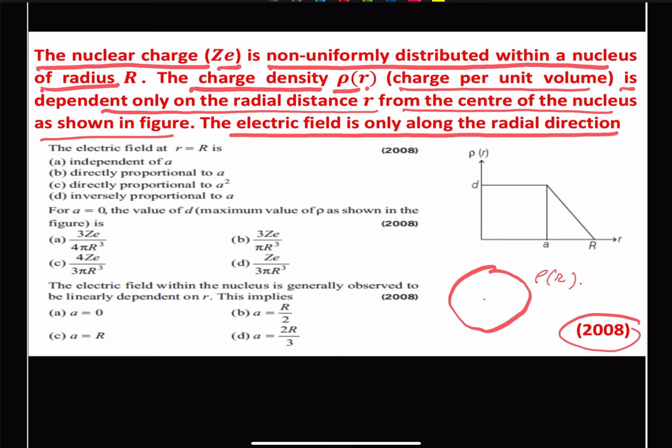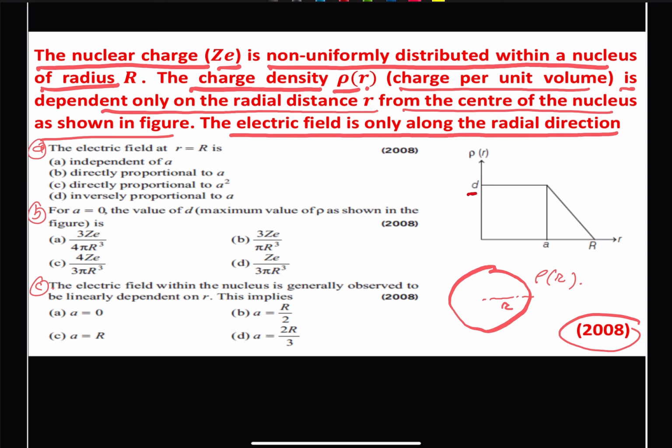So if this is the radial distance from the center, it is only dependent upon r, and electric field is also in the radial direction. Based on this, we have these three questions, A, B and C, and a graph is also given for our charge density.